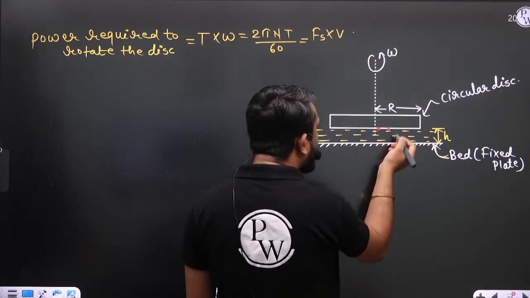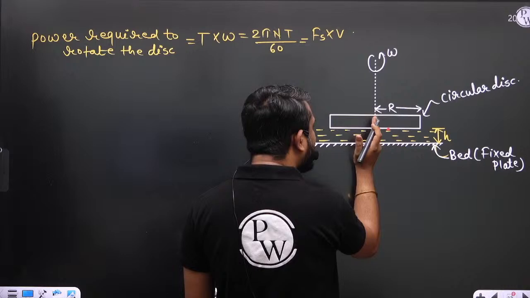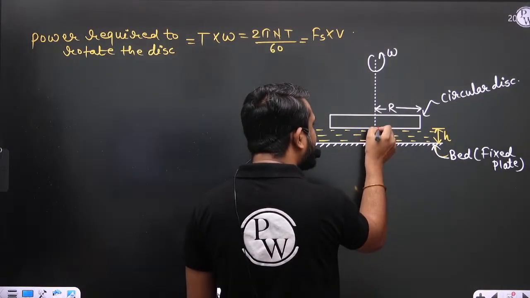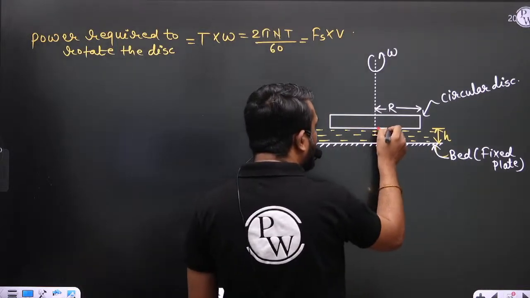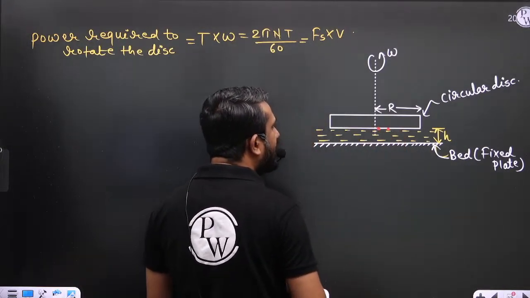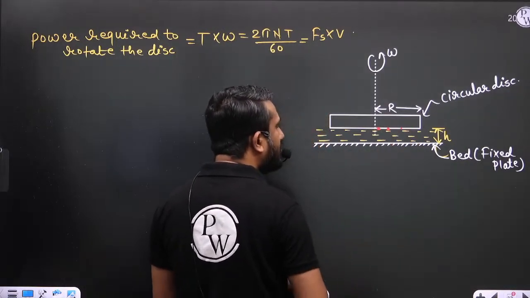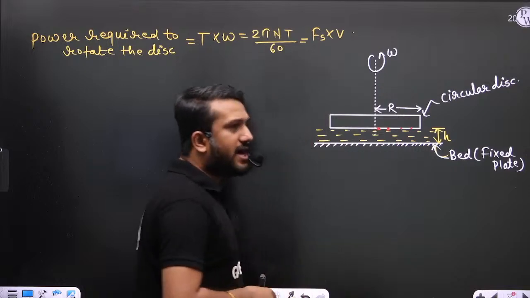Let us consider this point is at a radial distance r1 from the axis. So the tangential velocity here is omega into r1. Here it is omega into r2. Here it is omega into r3. Here it is omega into r4.